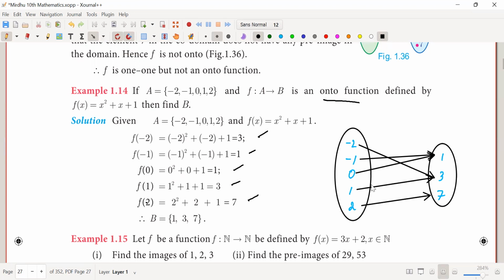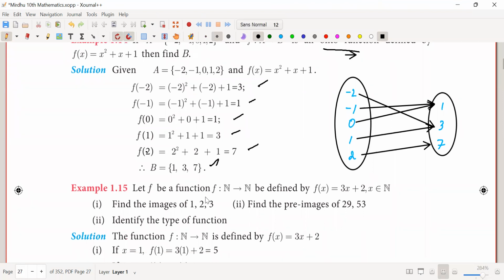So this is a many to one function and also an onto function. Since this is an onto function, we can easily say that B is equal to the range, and you'll be getting this.